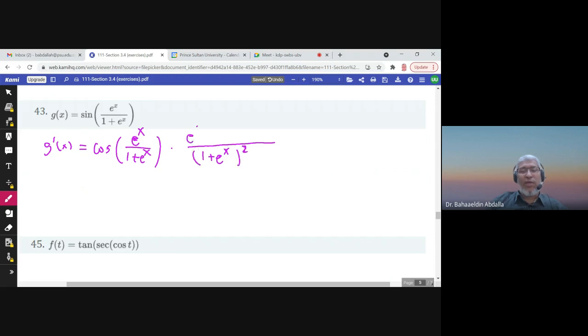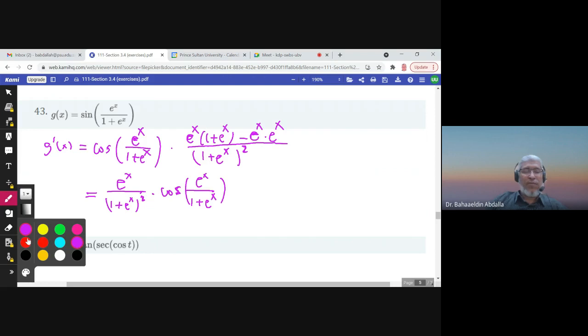The derivative of the numerator is e^x times the denominator, minus the derivative of the denominator, which is e^x, times the numerator, which is e^x. Notice that e^x times e^x will be cancelled with negative e^x times e^x. So I will have e^x times 1 in the numerator. So I can write it as e^x over (1 + e^x) squared, times cosine(e^x / (1 + e^x)).